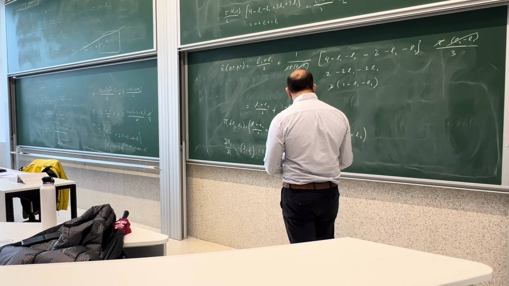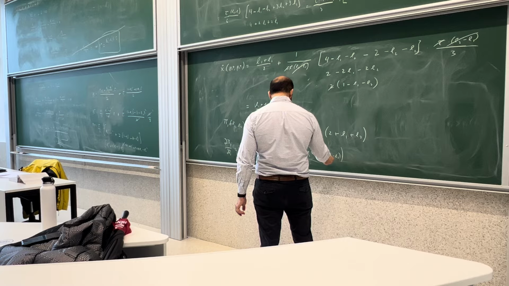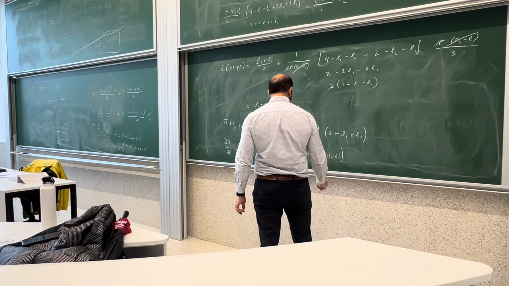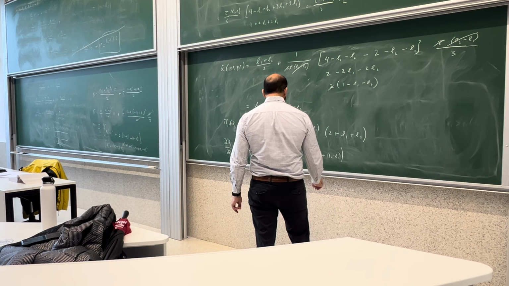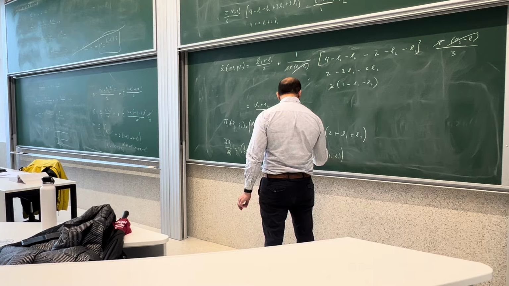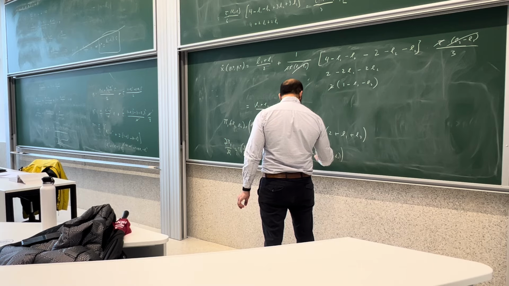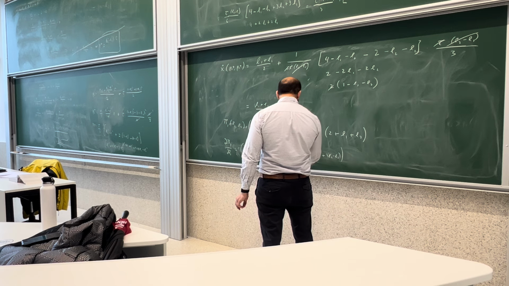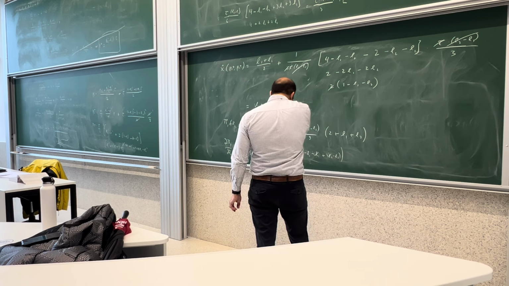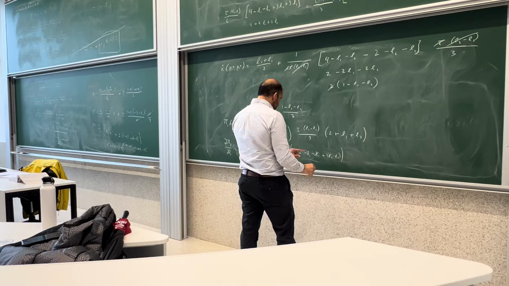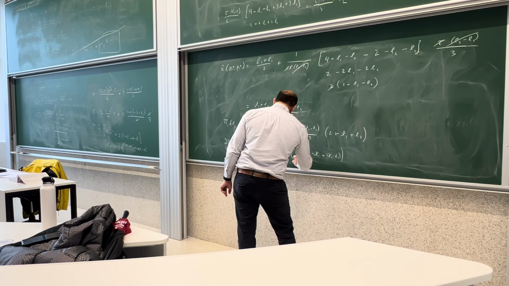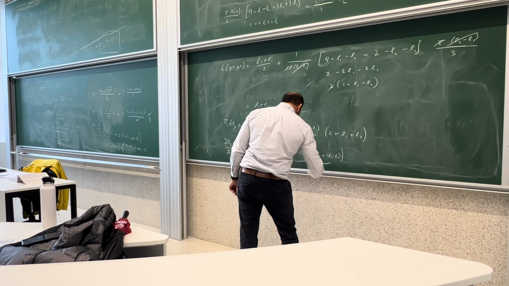Okay, and then L2 and minus L2, this cancels out. So we have minus 2 times minus L1, minus 2 times 1 minus. This is negative. 0.